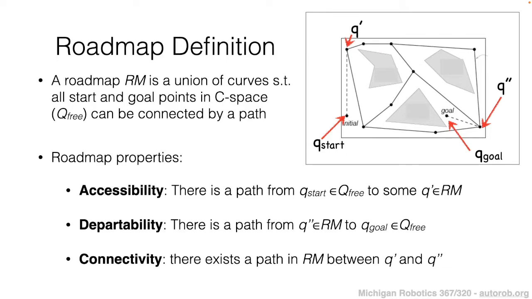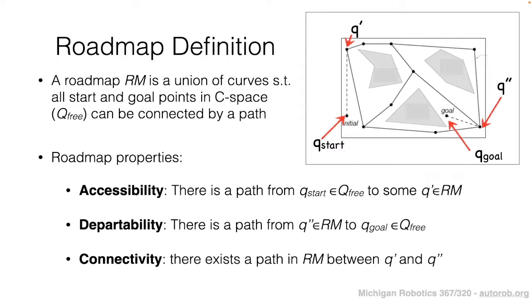You don't need to think of all start and goal locations as vertices within the roadmap, but those start and goal locations need to be able to connect to the roadmap such that there could be a path between the two.